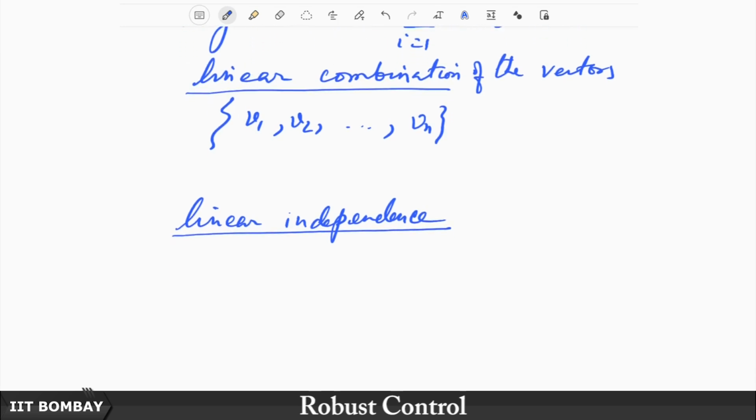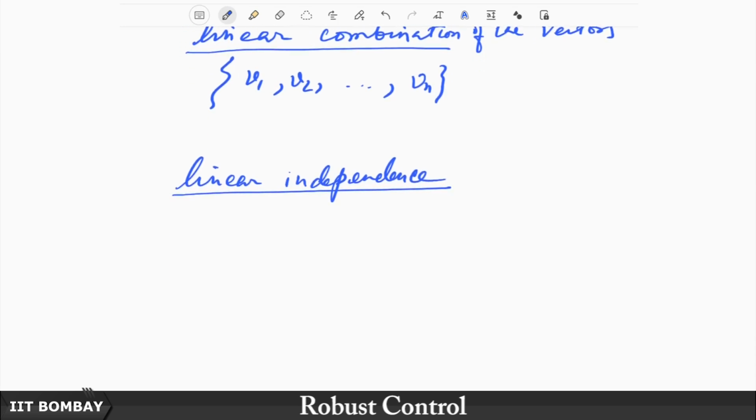So, what is linear independence of a set of vectors? Here is what it is.